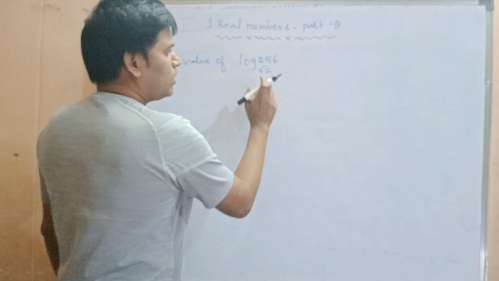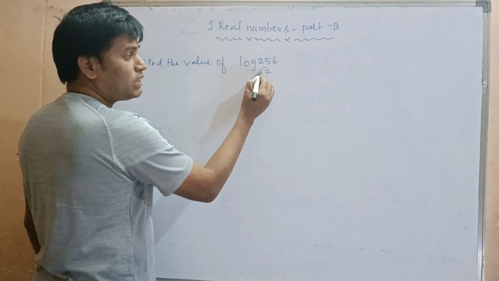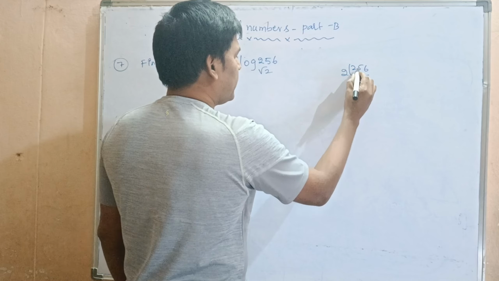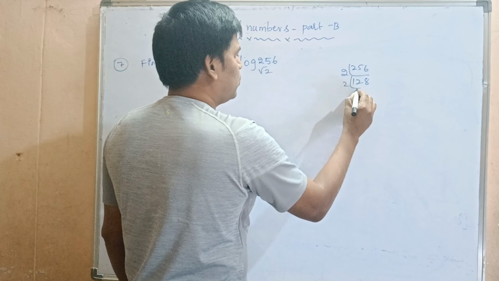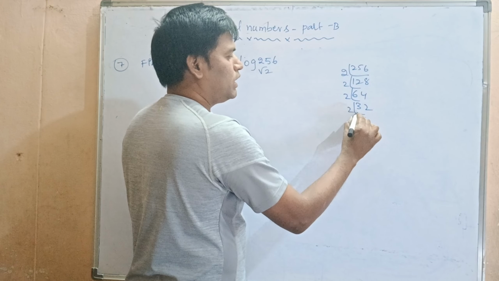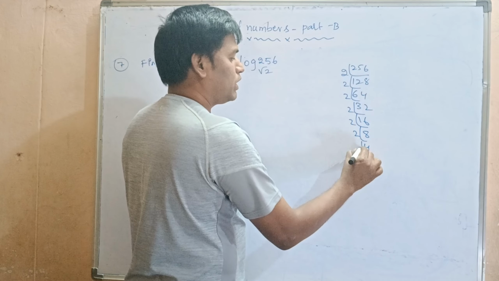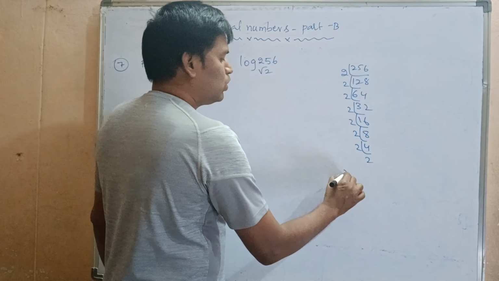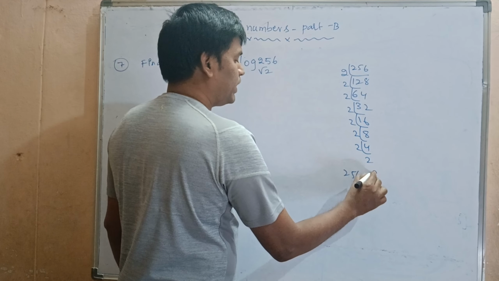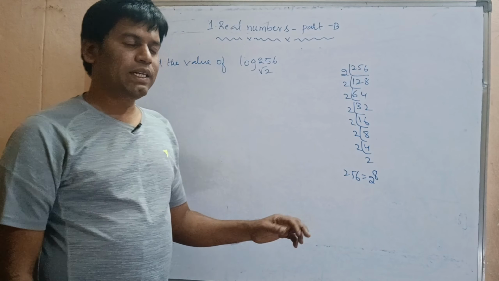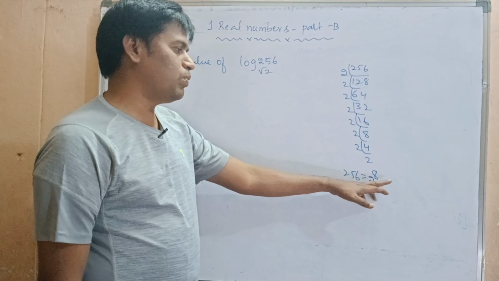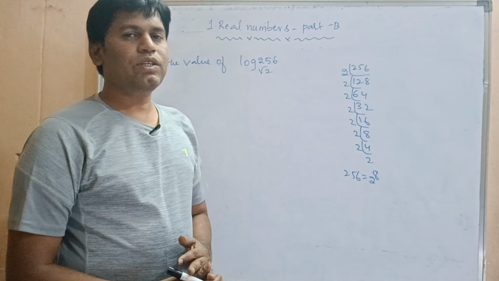Now you can observe here, this 256 you can convert into base 2 form. 256 is equal to 2 power of 8. The product of 2, 8 times, you will get 256 only.